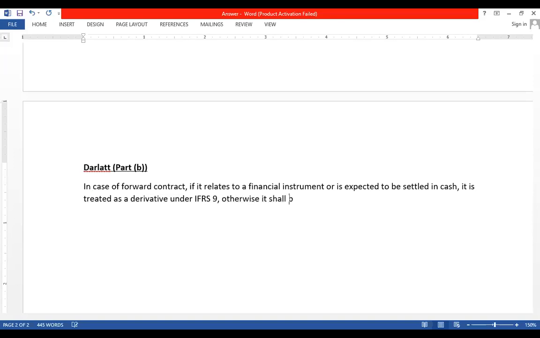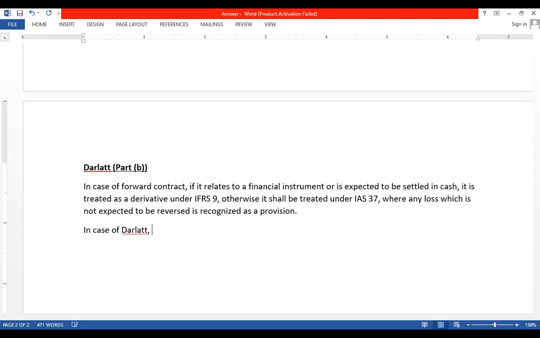Otherwise, it shall be treated under IAS 37, where any loss which is not expected to be reversed is recognized as a provision.